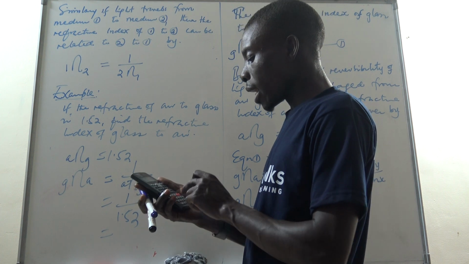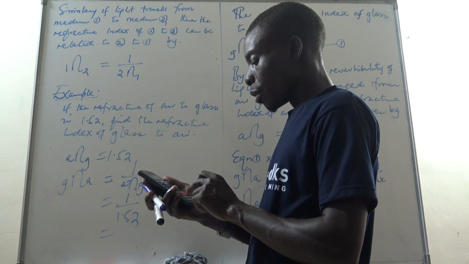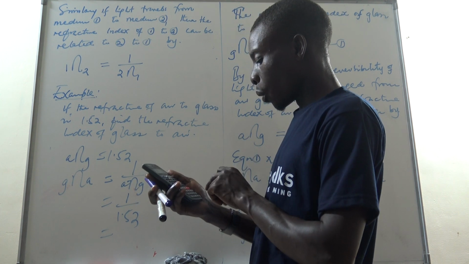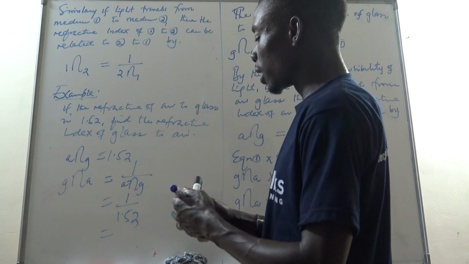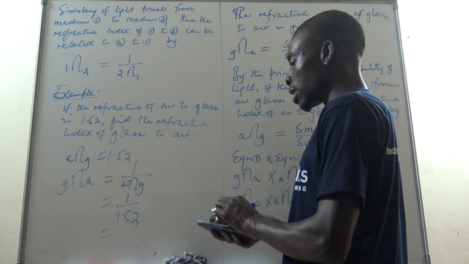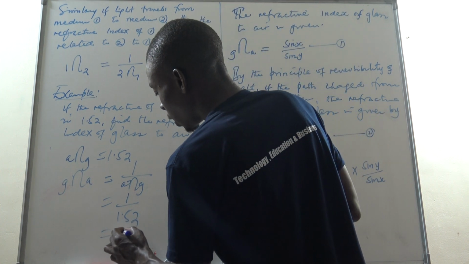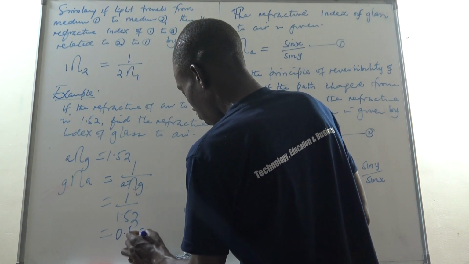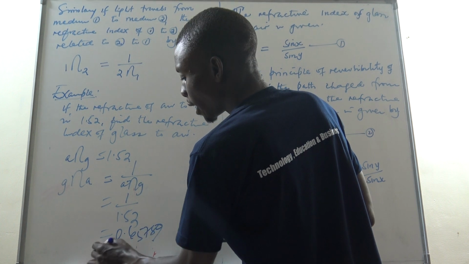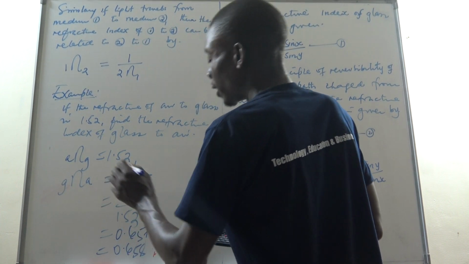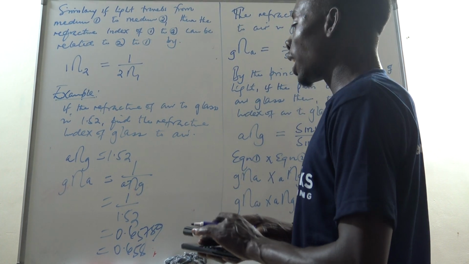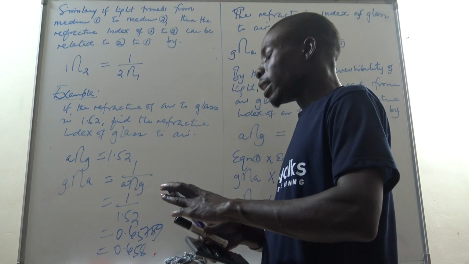So I can say 1 divided by 1.52, and that is giving us 0.65789, and you can see it is 0.658, and that is now if the light is moving in a different direction.